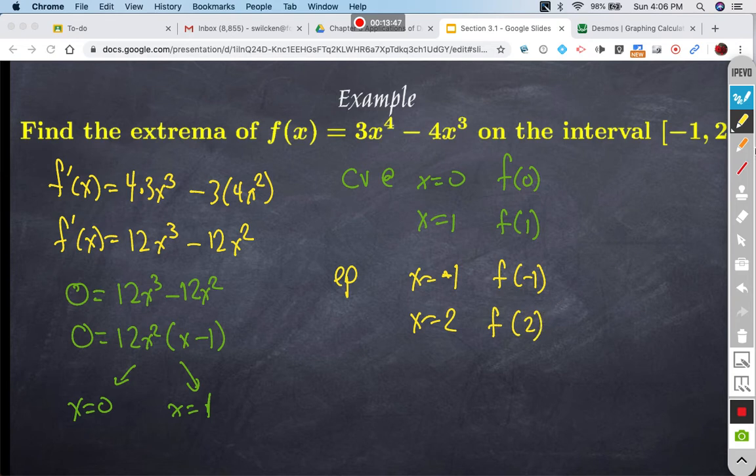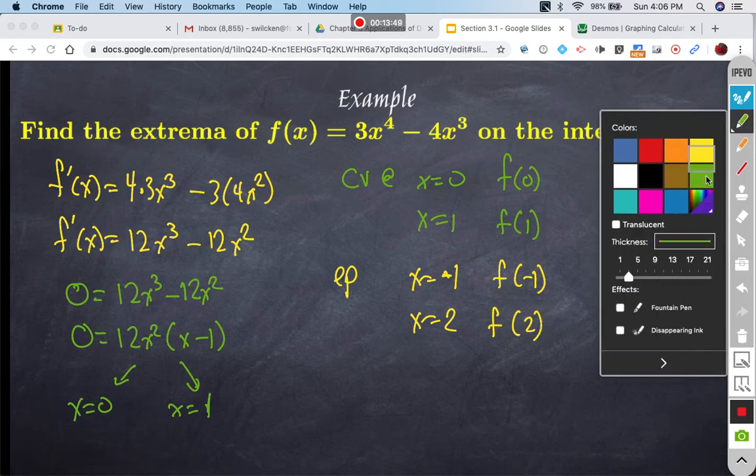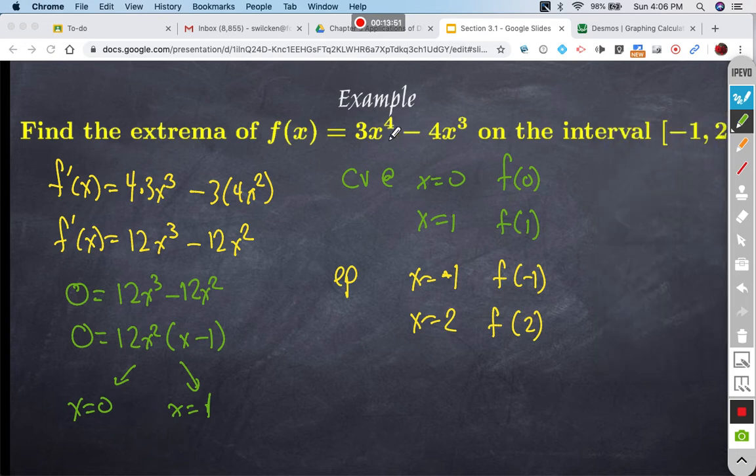And then I just basically plug these into my original equation. 3 times 0 squared minus 4 times 0 to the third power is going to equal 0. That's pretty easy. If I plug in 1, I get -1. If I plug in -1, I get 7. And if I plug in 2, I get 16.